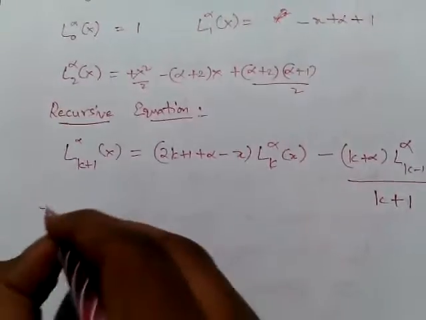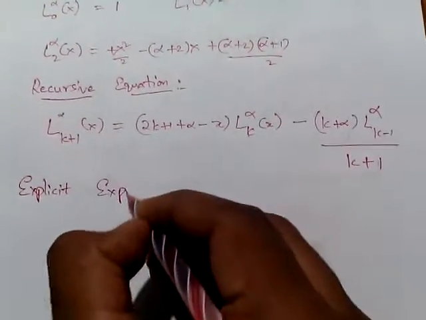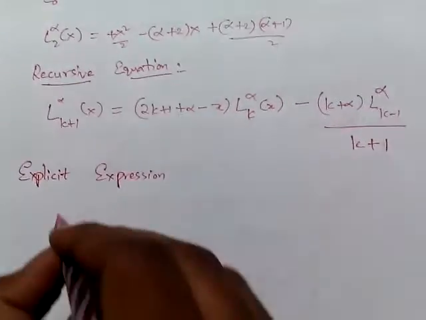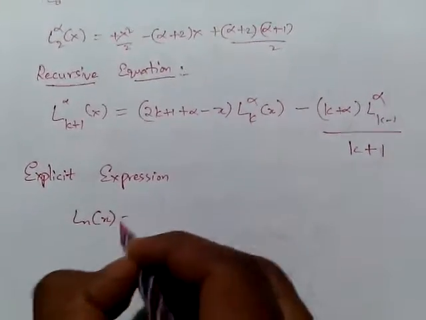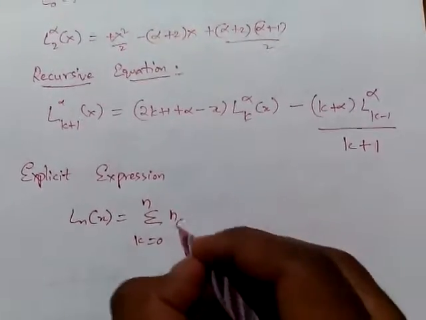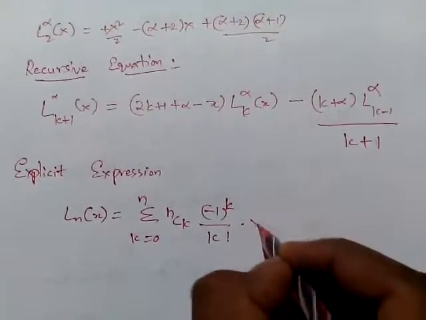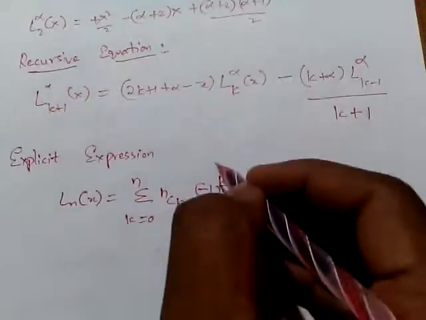By writing its explicit expression, we will get Ln of x is equal to sigma k is equal to 0 to n, nCk, (-1)^k by k factorial into x power k.